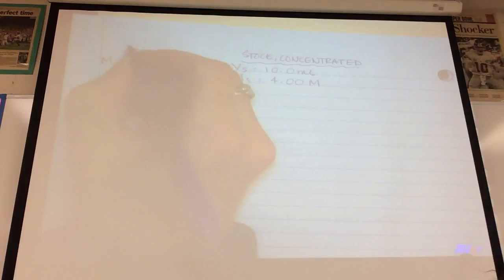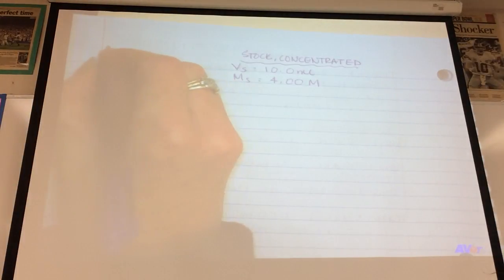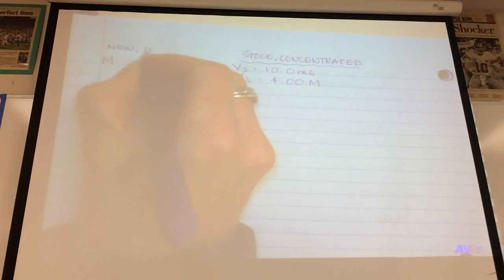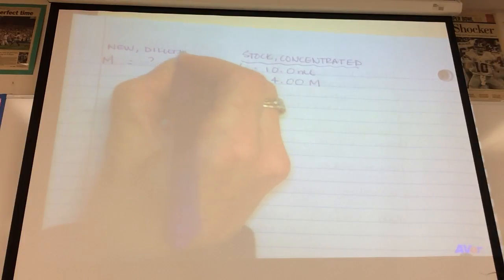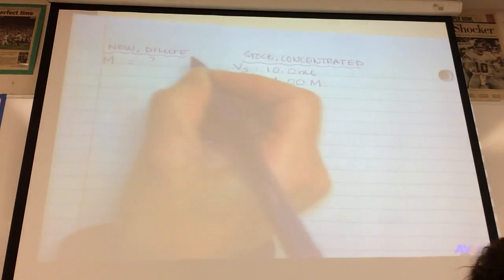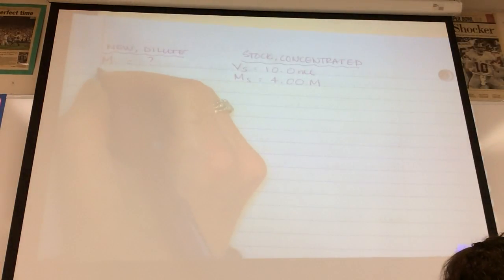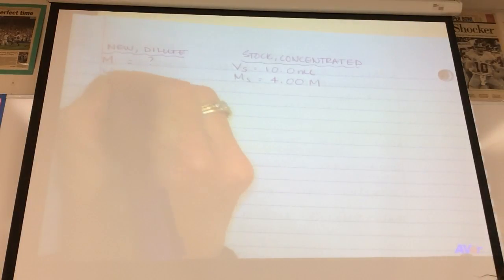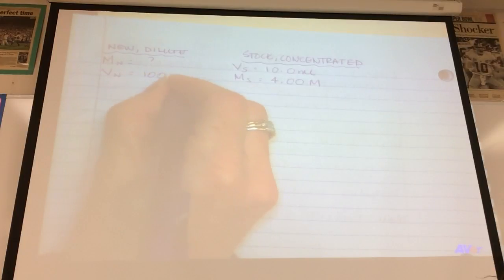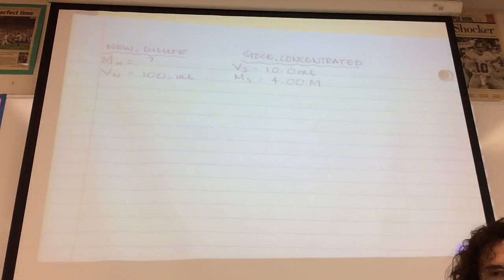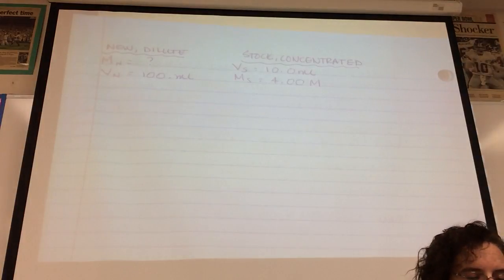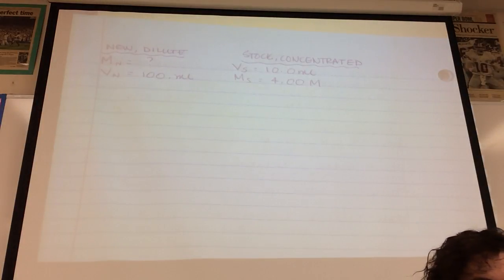We're looking for the molarity of the new solution, the one we're making, or the dilute solution. And we want to make 100 mL of it. Now there are a couple of things you need to recognize right away.